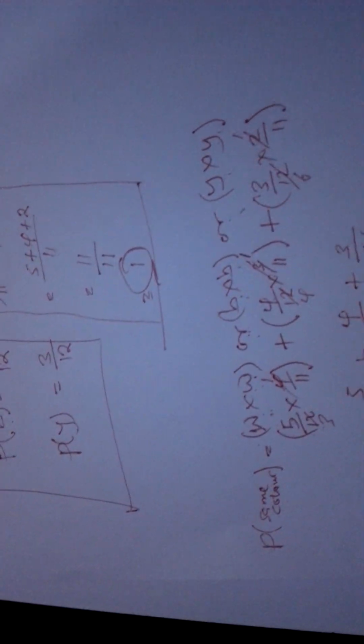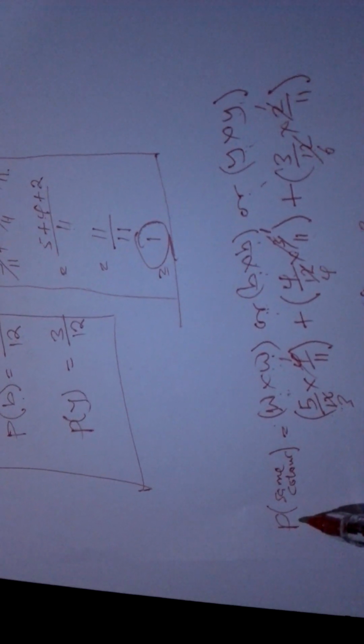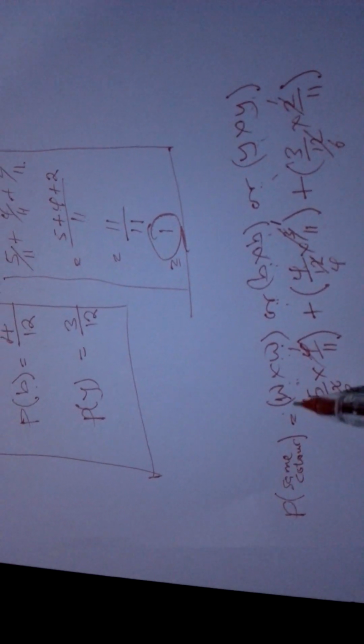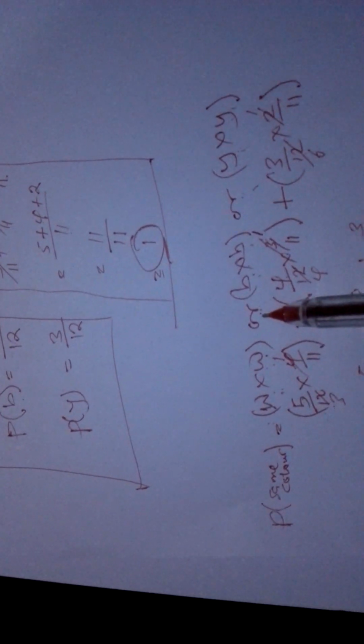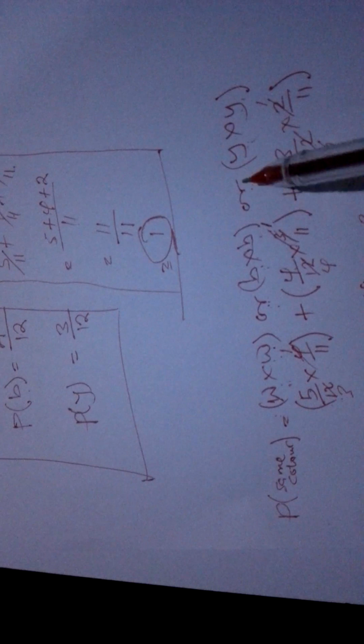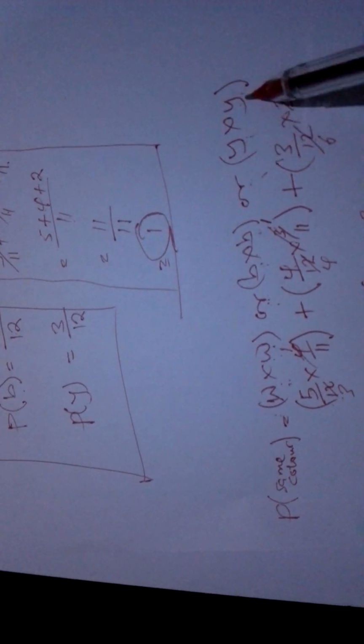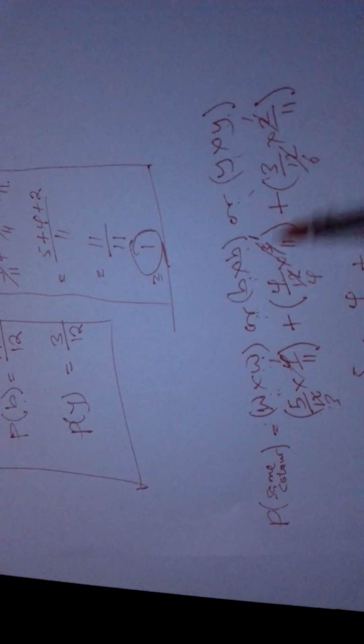So the actual sense out of this is that the probability of picking a piece of chalk of the same color is the probability of picking white, or blue, or yellow. So these are the ones that we come up with.